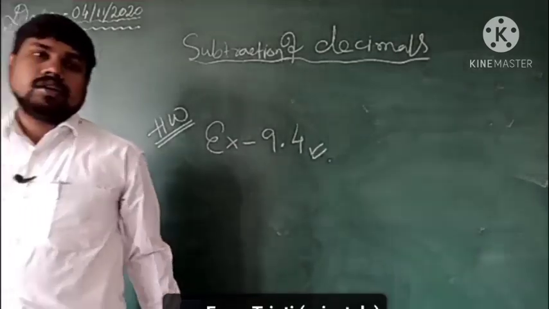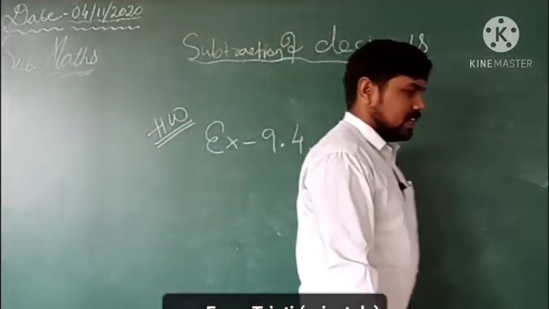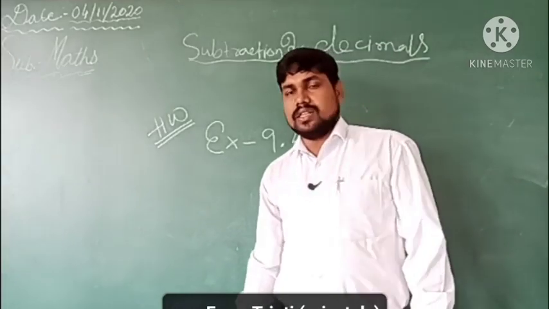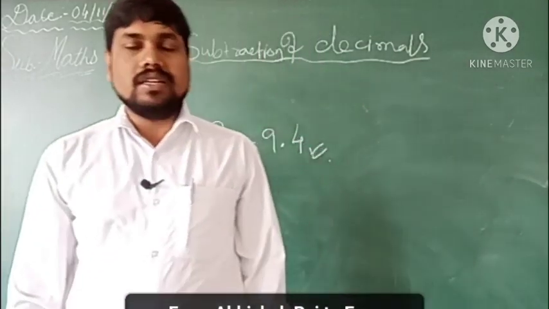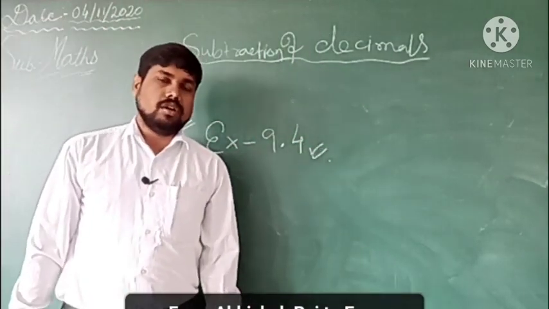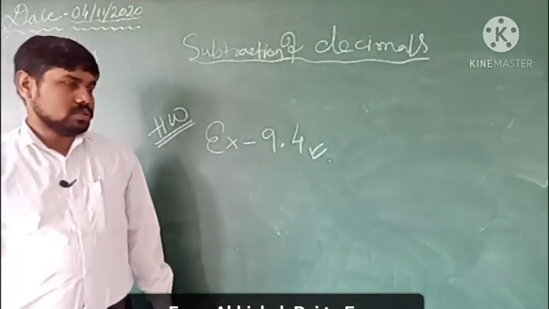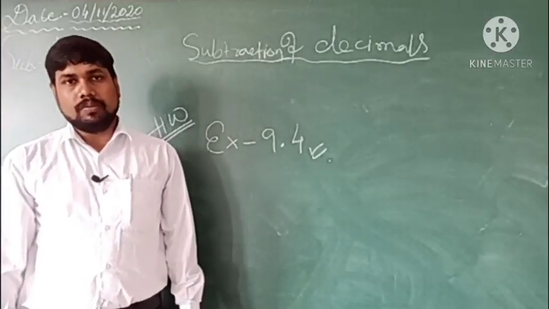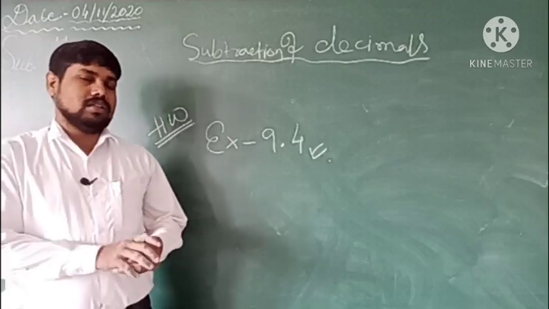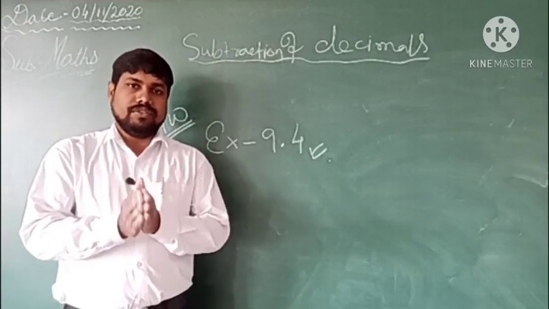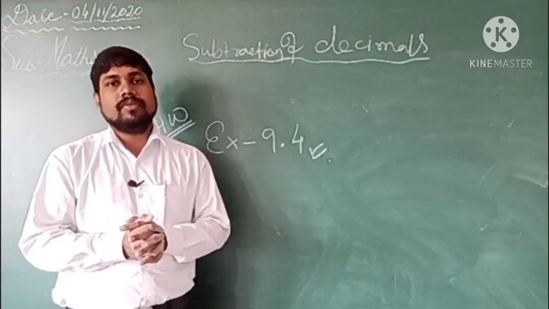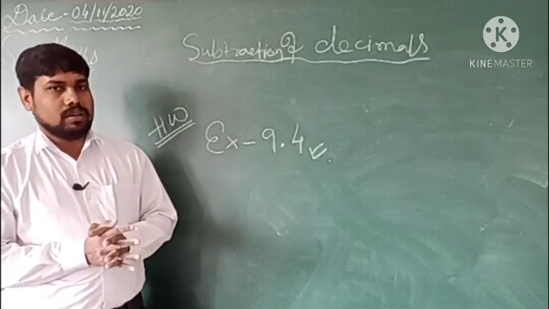So it's a very easy chapter. Nothing is here, just addition, subtraction, multiplication. That much only. And simply the decimal is there. That's all. So you have to keep in mind the decimal, and especially how to convert unlike decimals to like ones, and then how we can find the operations related to decimals. That's all.